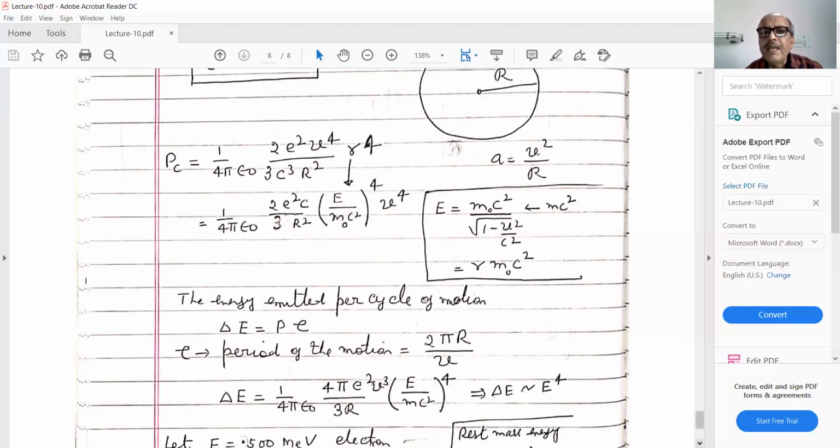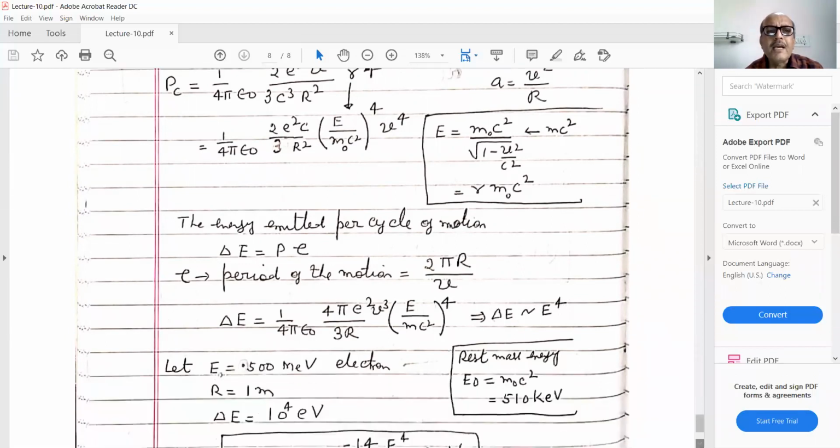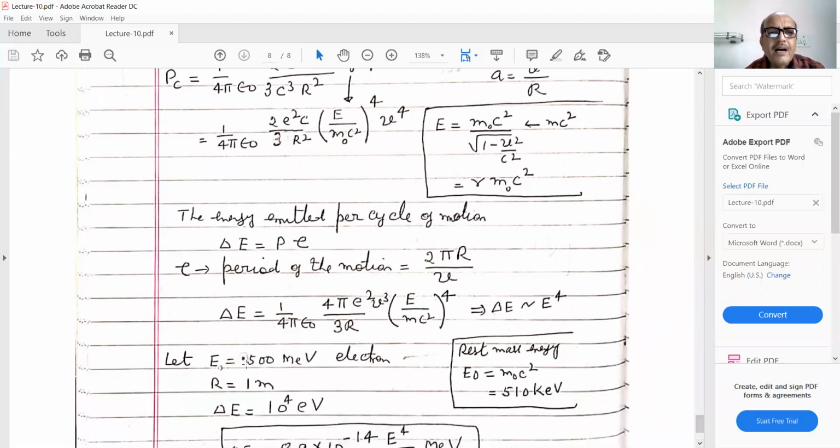Let us make a calculation here. Suppose I have an electron of 500 million electron volt energy. Don't consider this dot. I put some whitener here, but it is still visible. So I have an electron of 500 million electron volt energy. We all know that the rest mass energy of the electron is 510 kilo electron volt, or 0.5 million electron volt.